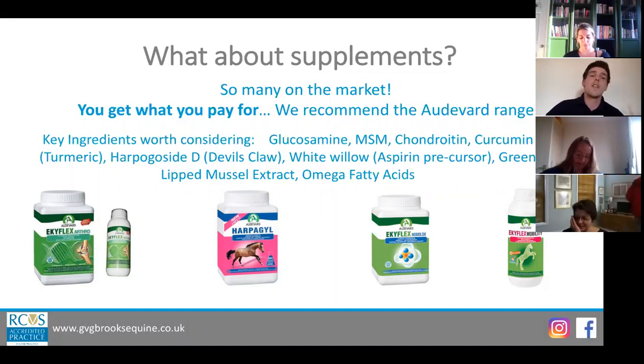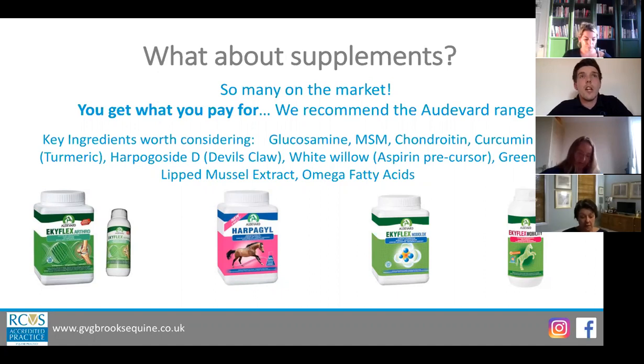I know turmeric is something horse owners have certainly been quite excited about in the last few years, because there's been some promising research in people about the anti-inflammatory benefits. The active ingredient you're looking for from the turmeric is curcumin, and looking at the level and concentration in products is really important. Feeding a few spoons of turmeric powder, you are not getting anywhere near the therapeutic doses a horse needs to have those anti-inflammatory benefits.